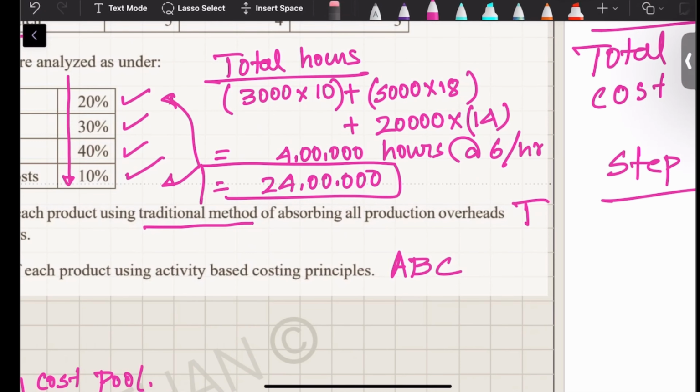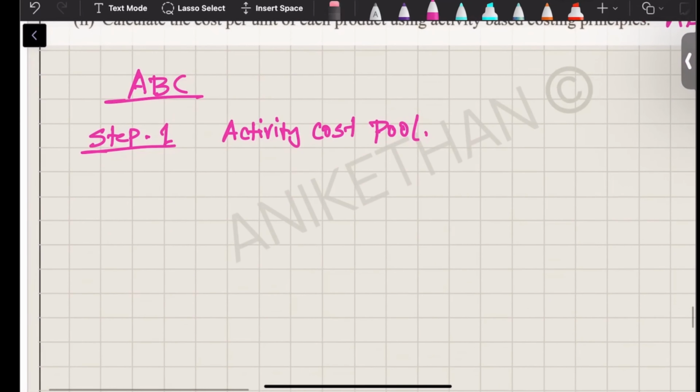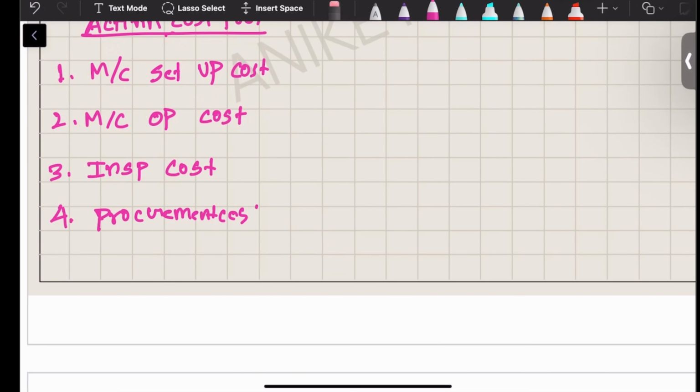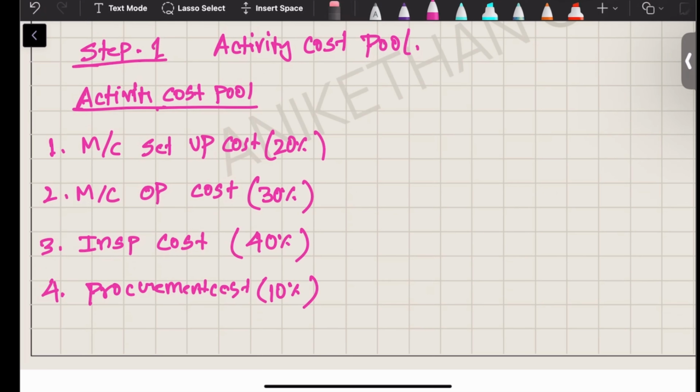Now this has to be divided among 4 activities to get the activity cost pool. So here we have 4 activities: machine setup, machine operation, inspection and procurement cost. So 20% of 24 lakh, 30% of 24 lakh, 40% and then 10%.